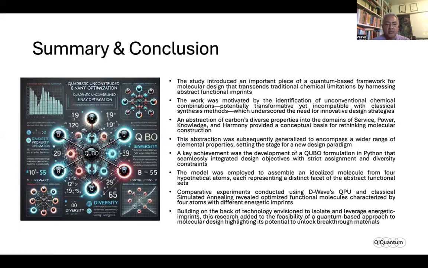And this I'm proposing finally is building on the backup technology envisioned to isolate and leverage energetic imprints. So somewhat like combining different genes together. And again, the QUBO approach is seen as an important part of a process of coming up with some kind of synthetic molecule which can be programmed into matter. Thank you.